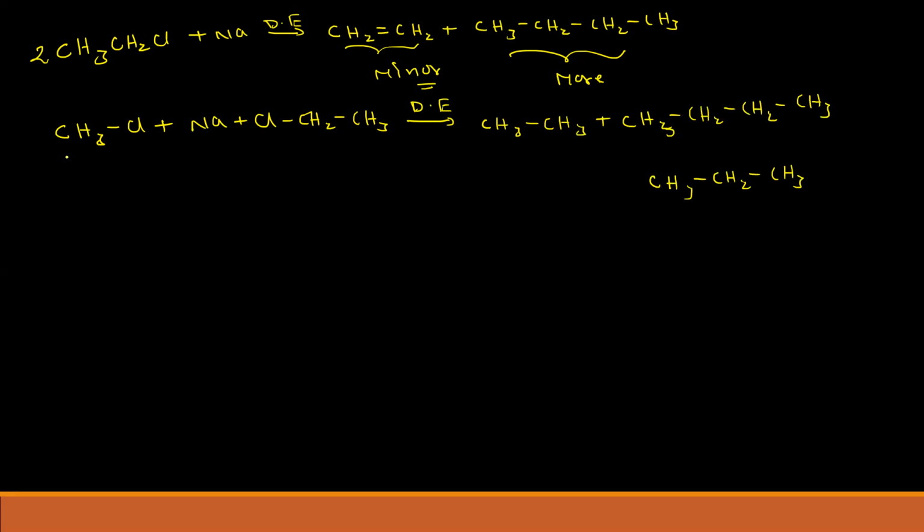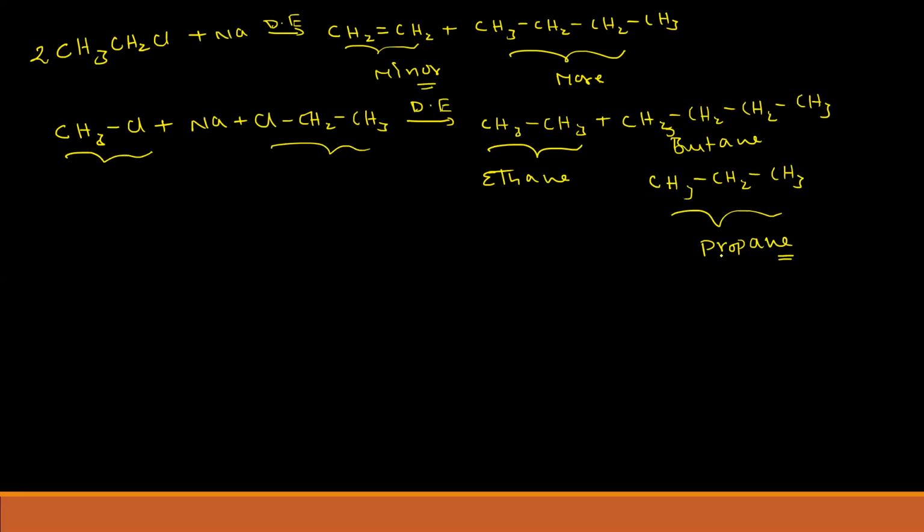Actually you are doing the Wurtz reaction for preparing one compound, but instead we are getting ethane, butane, and propane also. Because of this, the Wurtz reaction is not preferable to prepare hydrocarbons of this type.